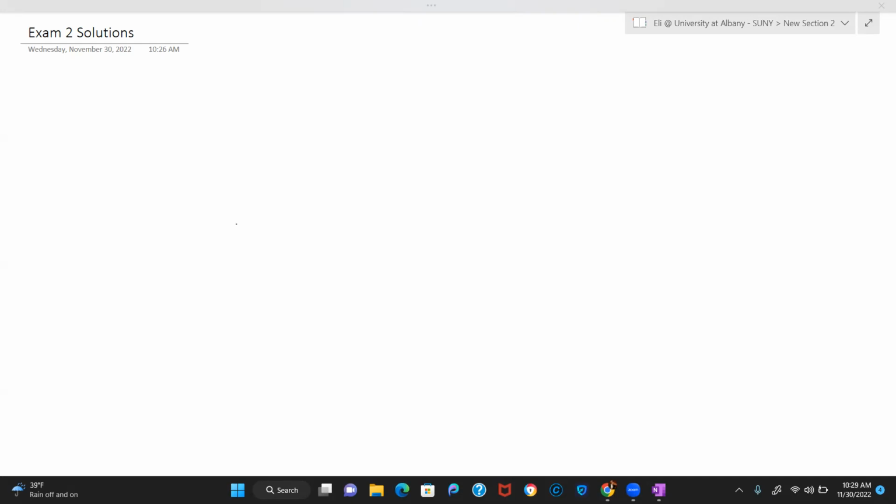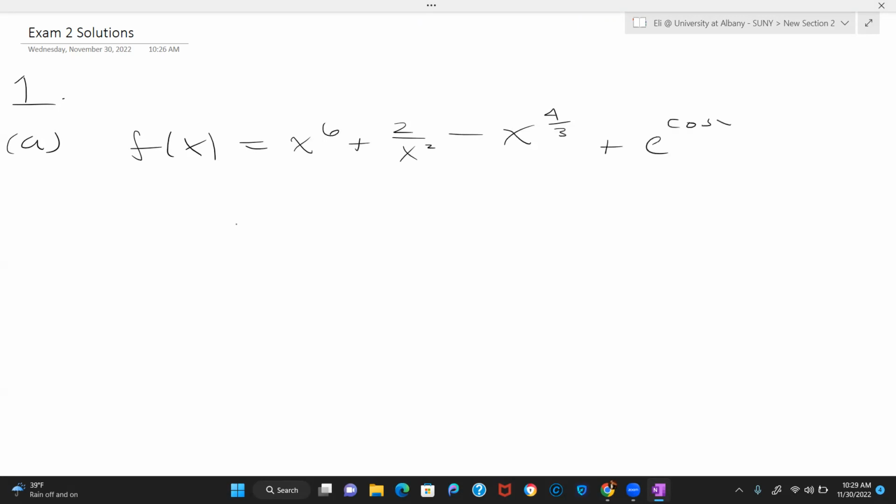Let's see. So number one, A. We have f of x is equal to x to the sixth plus 2x squared minus x to the 4/3, plus e to the cosine x.